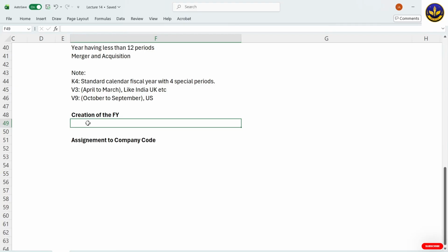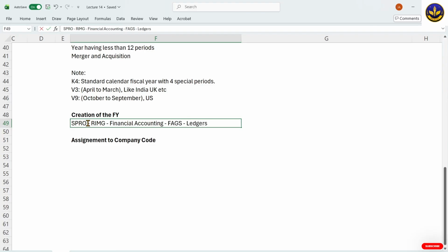To define it, we have one particular path. The path is SPRO, reference IMG, and then financial accounting, global settings. I'm writing the short form.